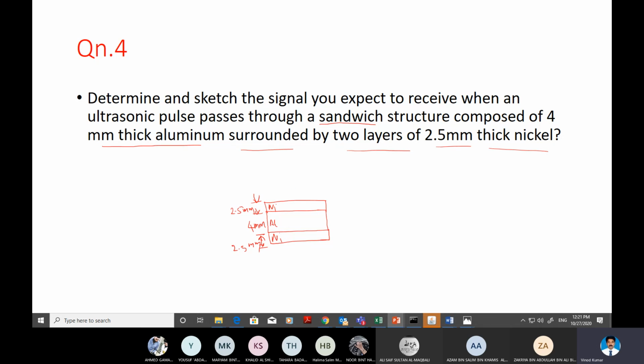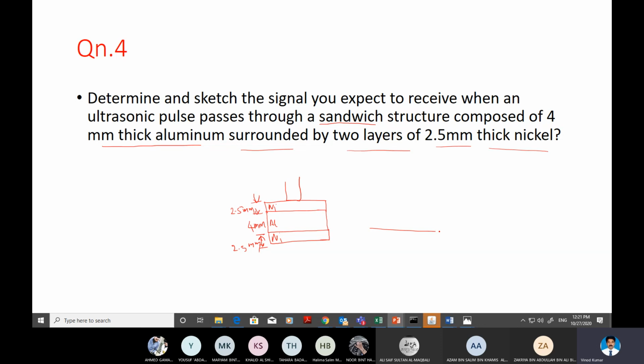Now you are using a pulse echo test. For example, this is the transducer. So from where do you get the signals? How can you sketch a signal in terms of time? You have to write in terms of time. I think the question is clear to you.